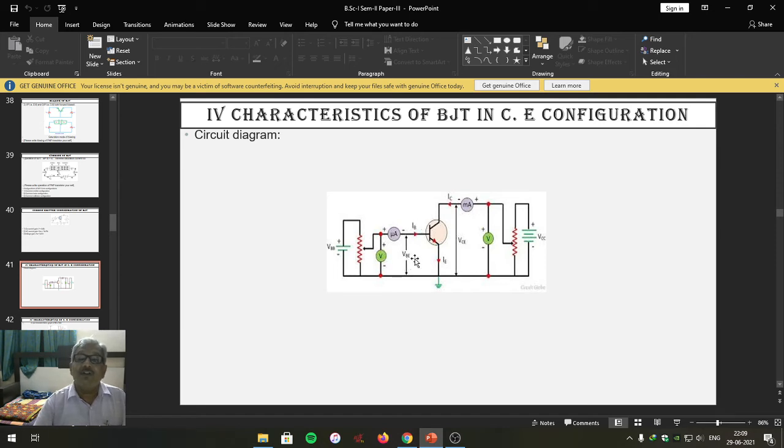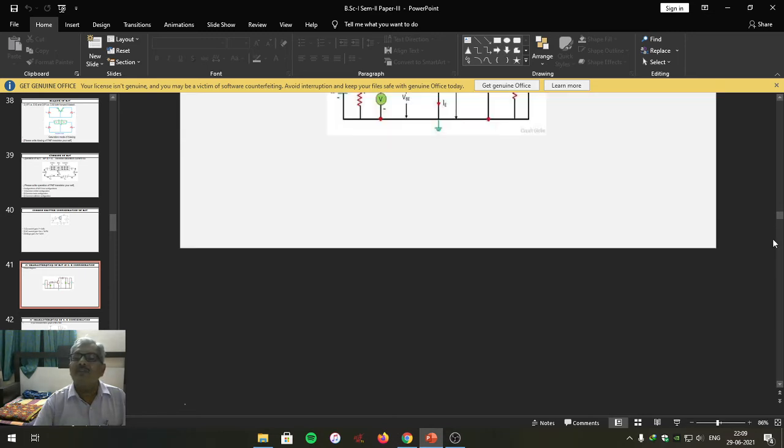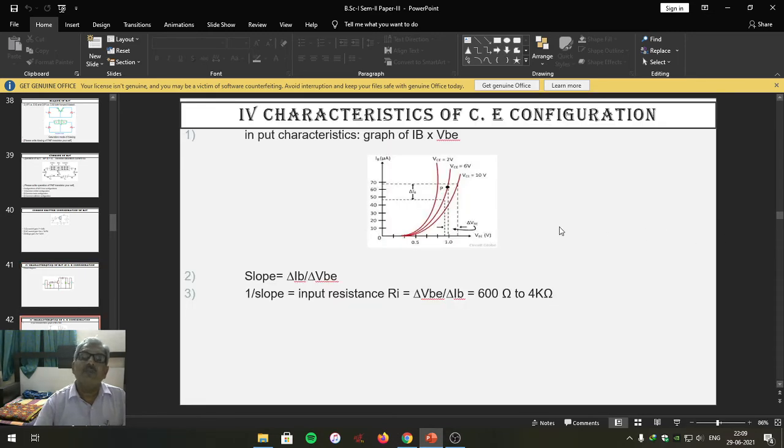This graph we call the input characteristics, which is represented here. So this is the input characteristics of BJT in common emitter configuration.